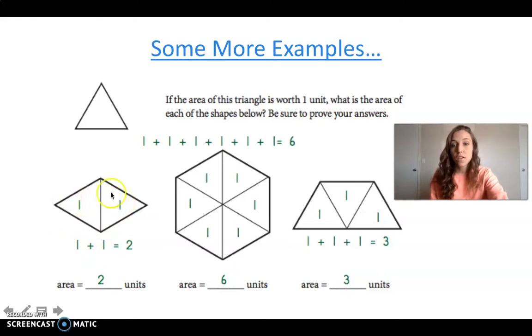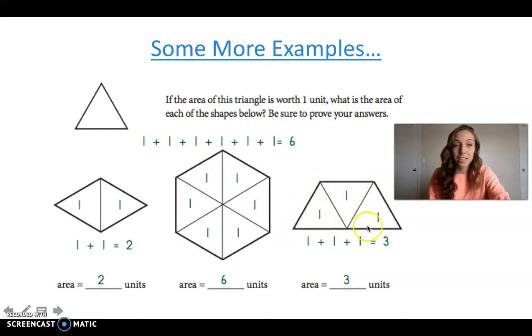So I know the area is 2 units, okay? We got another hexagon here, but it's the same thing we just did on the last slide. We count up how many triangle units we have, okay? So we counted them up. We have 6 units in our hexagon because it takes 6 units to fill up the inside of my shape, okay?